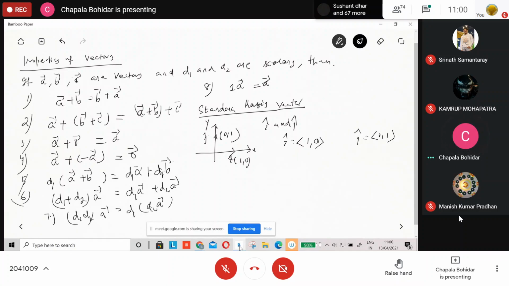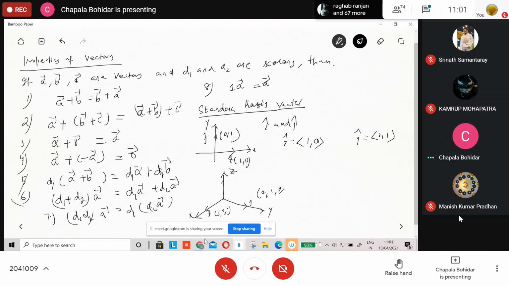Okay. Similarly, in three dimensions, it is x, it is y, it is z. So here it is called i. That is 1, 0, 0, though it is three-dimensional. It is j, that is 0, 1, 0.